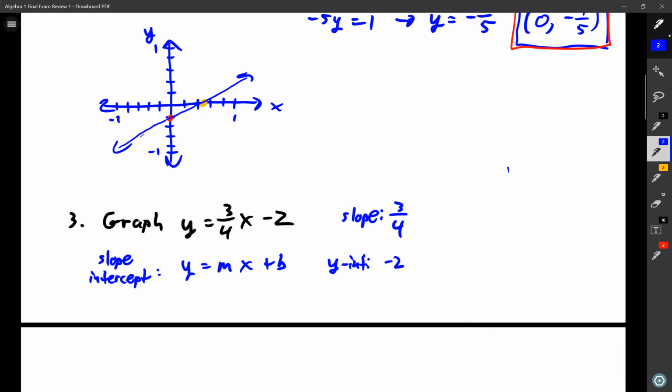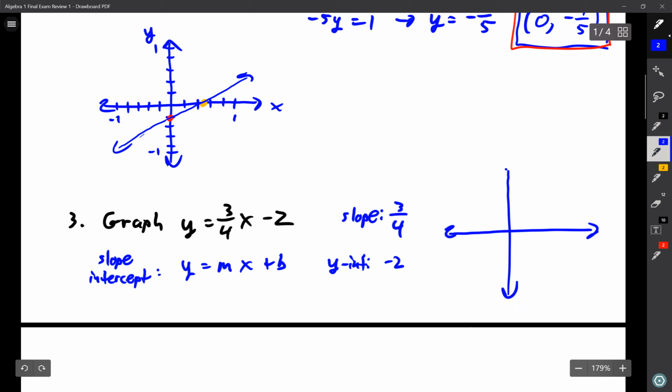So I'm going to draw my axes. X-axis, y-axis, 1, 2, 1, 2, 1, 2, 1, 2. I'm going to start at this y-intercept of -2.